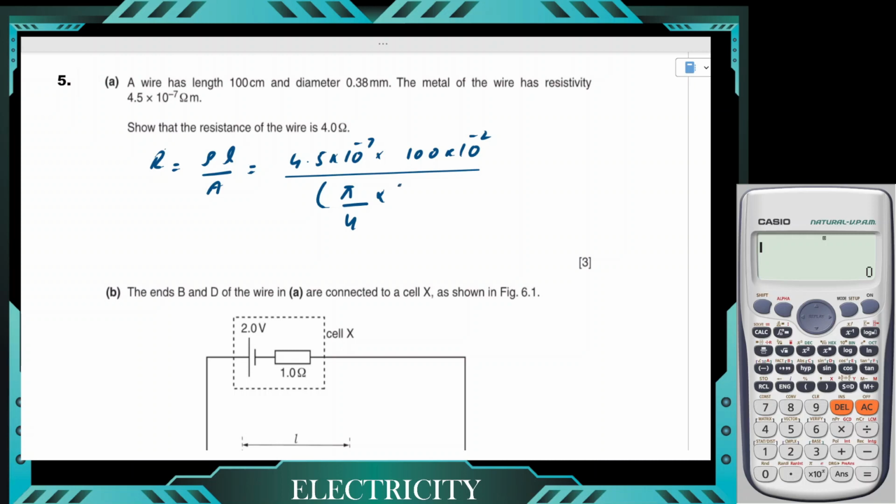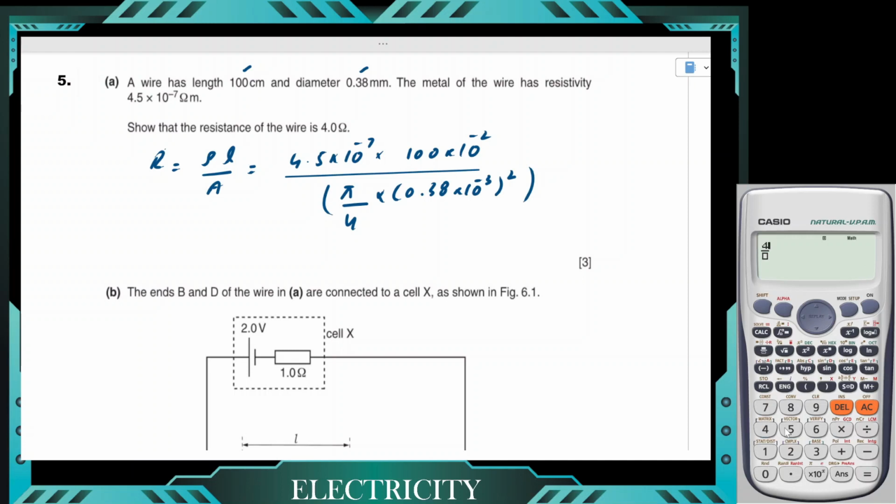And the diameter is 0.38 into 10 to the power negative 3, and then square of it, because we have to compensate for milli also. We had to compensate for centimeters and then we had to compensate for millimeters as well. So what do we do? We just hit it on the calculator as it is.